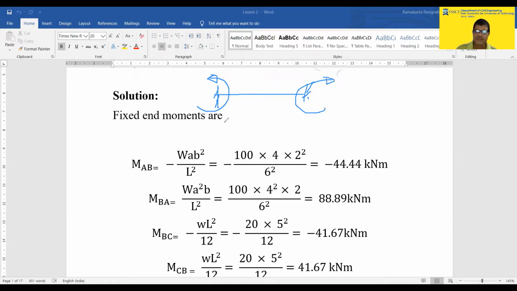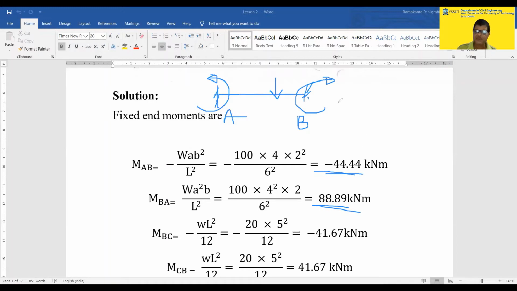If it is AB and some kind of load is acting on the span, maybe a point load, maybe a UDL, this moment at A is anti-clockwise in direction, and at B the moment is clockwise. Since our sign convention is clockwise moments are positive, the fixed end moment at A will be negative. That is why this value is negative and this value is positive.